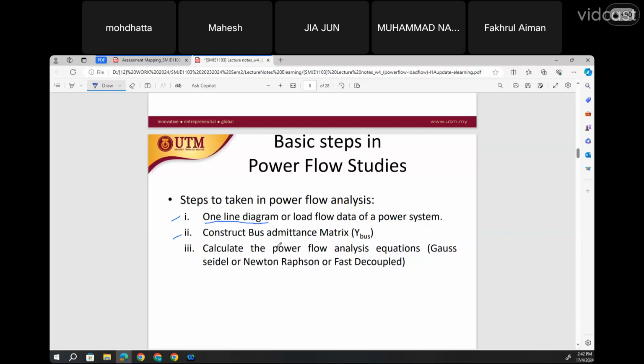And from the bus admittance matrix, from the connections, we will later calculate the power flow analysis equations using the most popular techniques that we have: Gauss-Seidel, Newton-Raphson, and also fast decoupled.